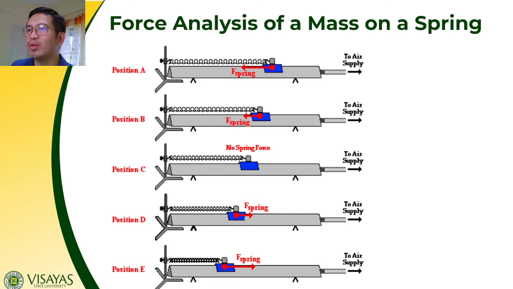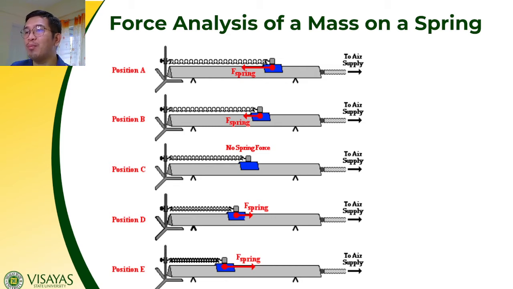During the glider's motion from position E to position C, the amount that the spring is compressed decreases and the spring force decreases. There is still an acceleration for the entire distance from position E to position C. At position C, the glider has reached its maximum speed.